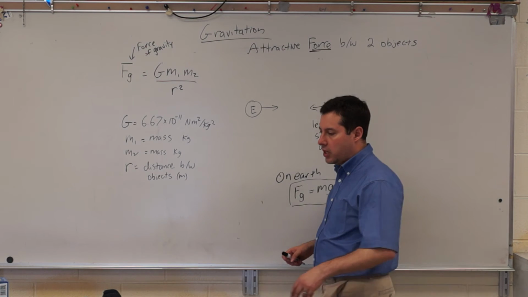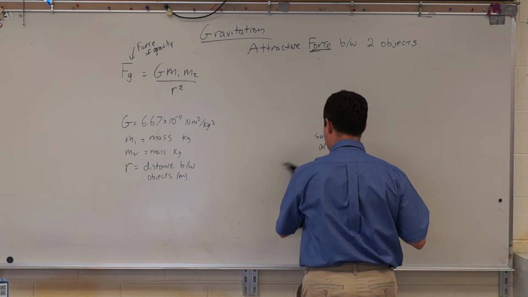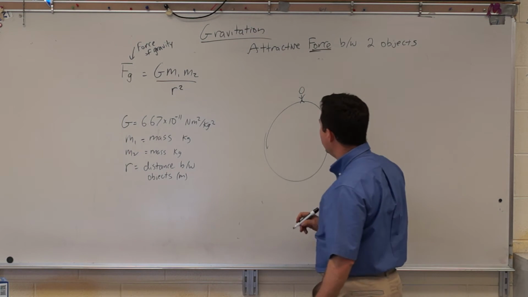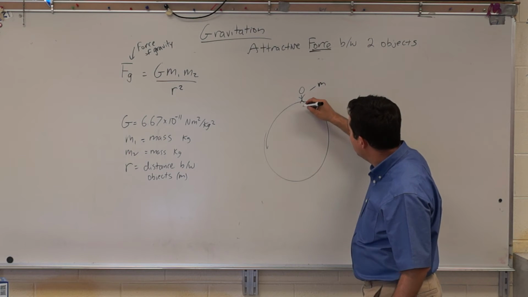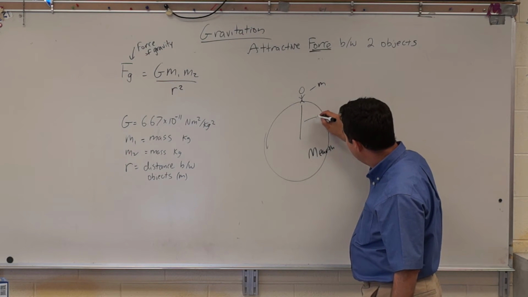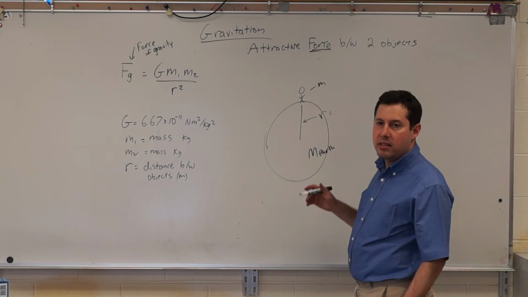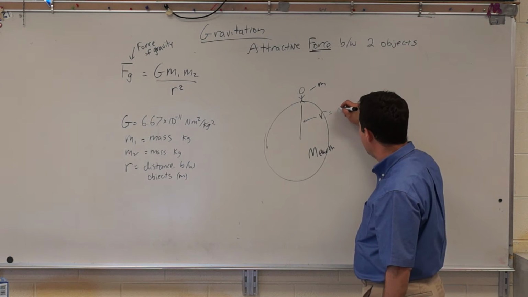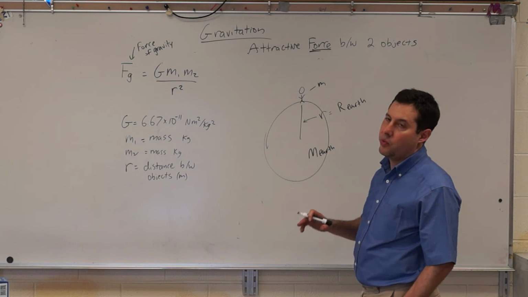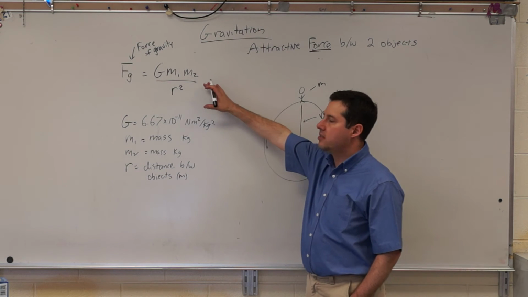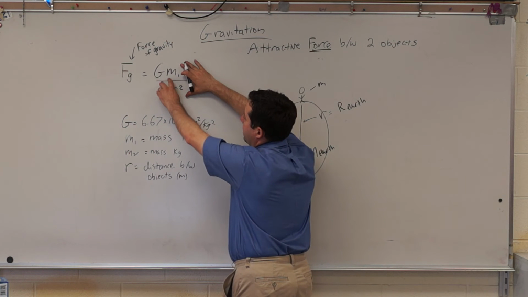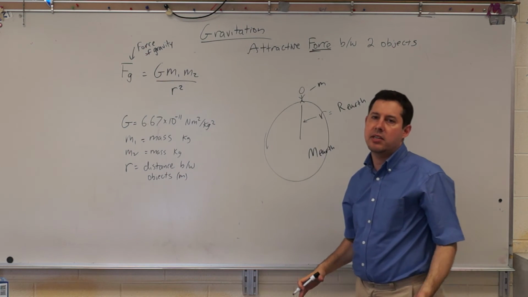It turns out, if you look on the surface of the Earth, you can say, oh, this is me on planet Earth. If you use your mass, m, and the mass of the Earth, and you use r as the distance between you and the center of the Earth, which is pretty much the radius of the Earth, and you put them into this equation, it simplifies out into G times the mass of the Earth divided by the radius of the Earth squared, which simplifies out to 9.8.